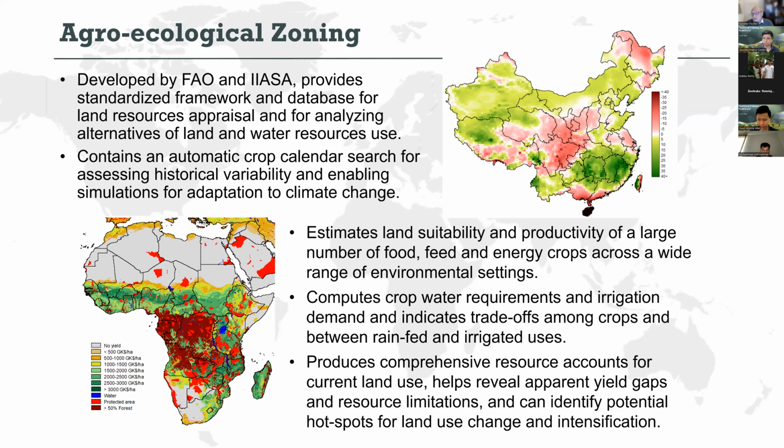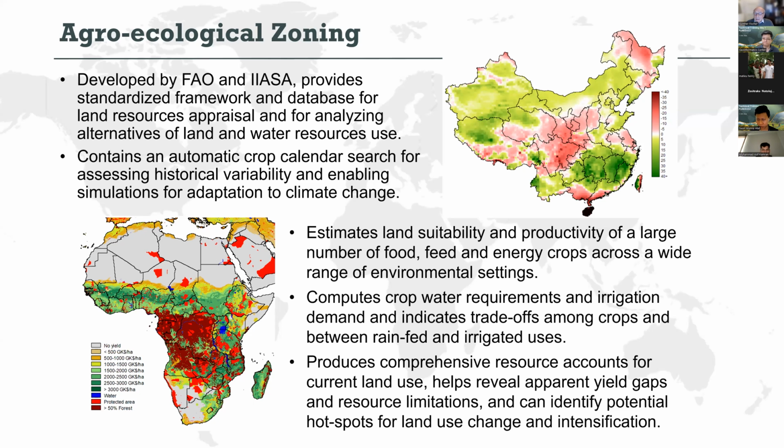It estimates land suitability as one of its key tasks, and productivity of a large number of food, feed, and energy crops nowadays across a wide range of environmental settings. It computes crop water requirements and irrigation demand and indicates trade-offs among crops and between rain-fed and irrigated uses, and of course, through these calculations, links to the water sector.